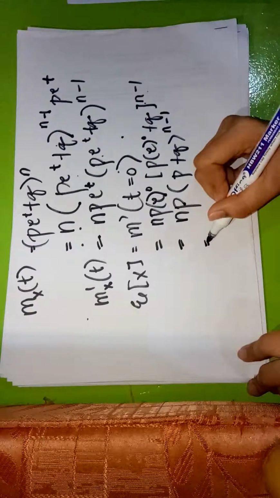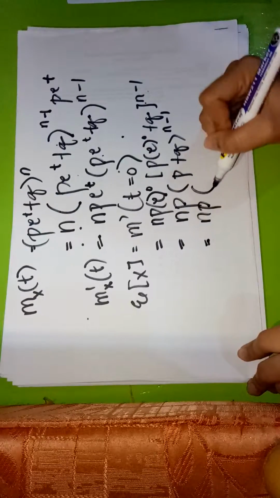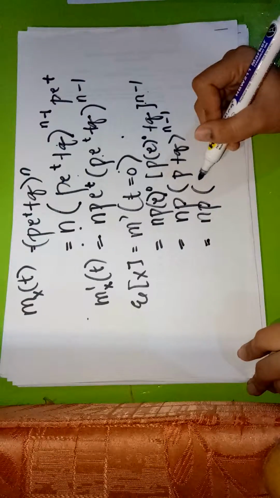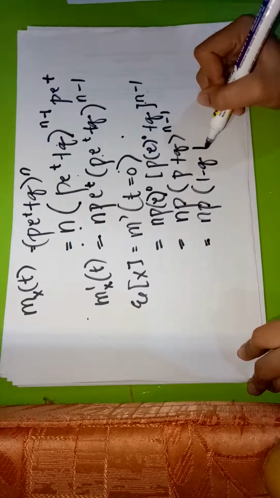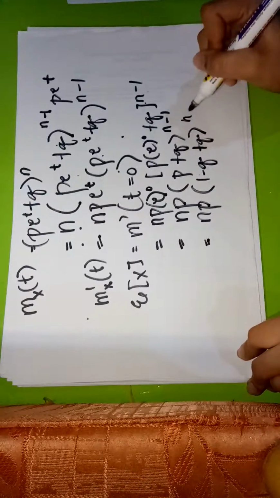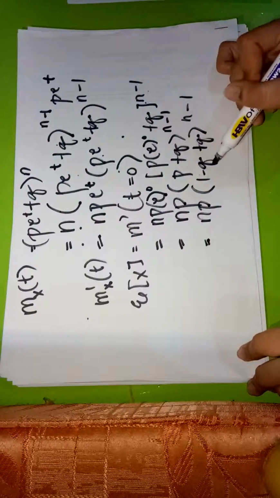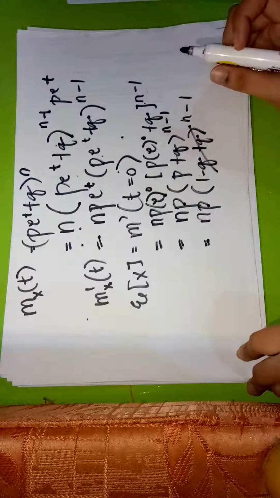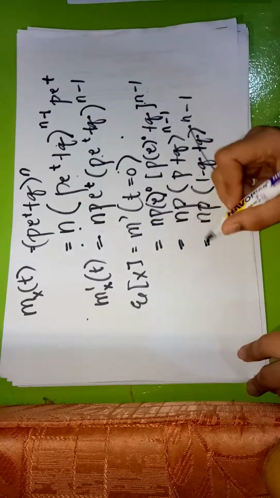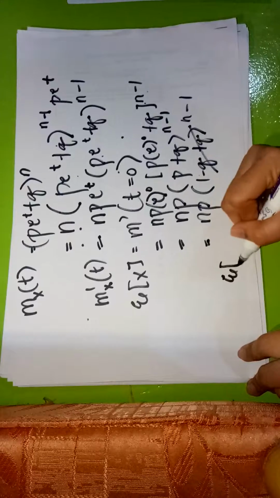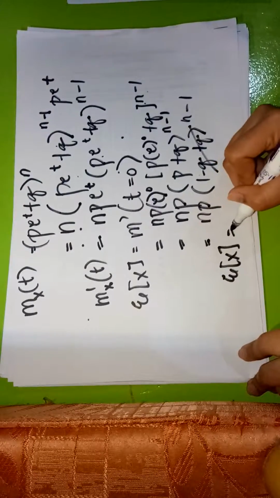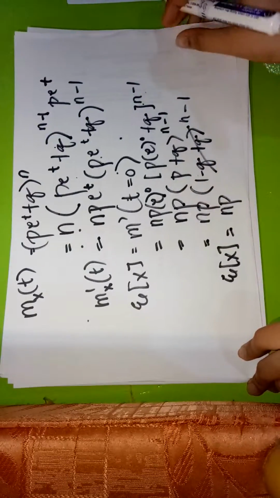Since p is equal to 1 minus q, we have 1 minus q plus q, so we can cancel this, and this is already 1. So our expected value of X is equal to np.